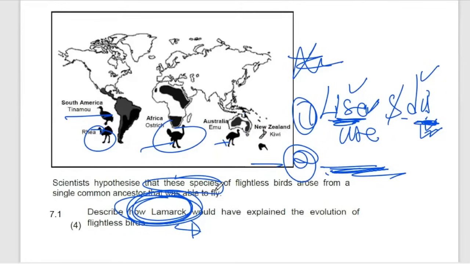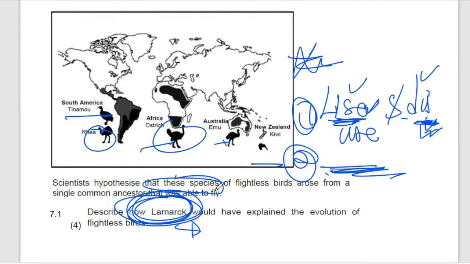There is not enough evidence to show that the flightless birds acquired this character, or passed their genes, passed this character to the next generation, from being flying birds to flightless birds.